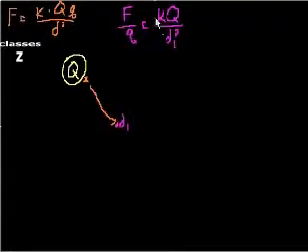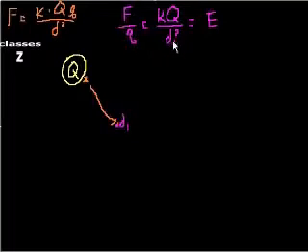Right? And this is the definition of the electric field. Actually, this is the electric field at the point d1. And if we wanted a more general definition of the electric field, we'll just make this a general variable.